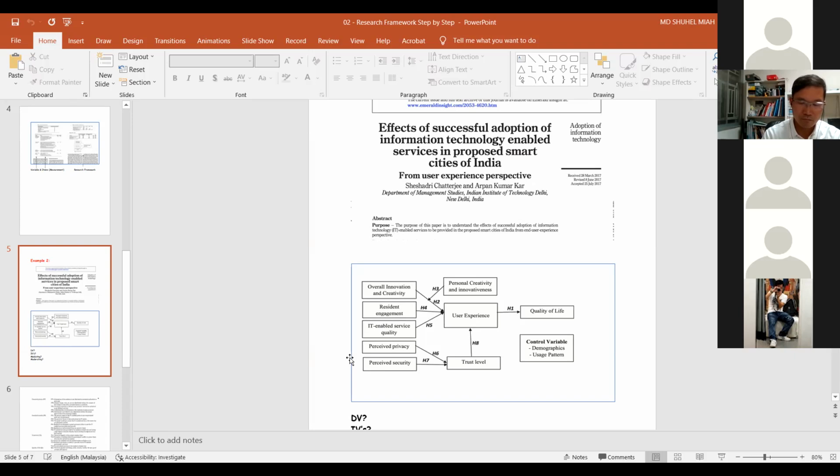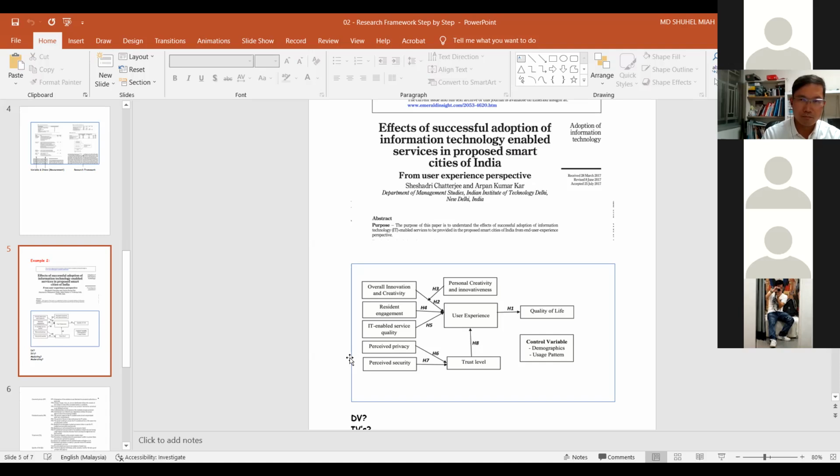These factors work to increase the user experience. And when user experience increases, they feel quality of life. So the quality of life has some other factors, some dependent and some mediating.